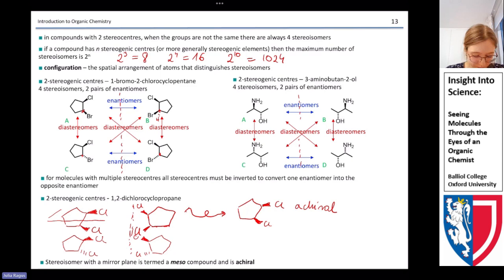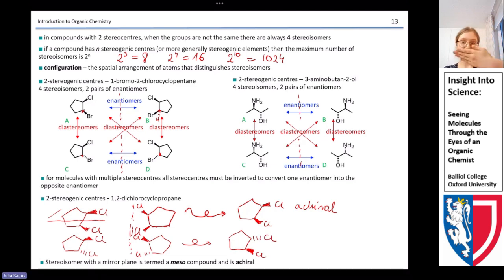Which is like this. Right, if we now try to rotate the molecule a little bit, just to try and match it to its mirror image, what we'll get is one chlorine pointing up and then the other one pointing down.